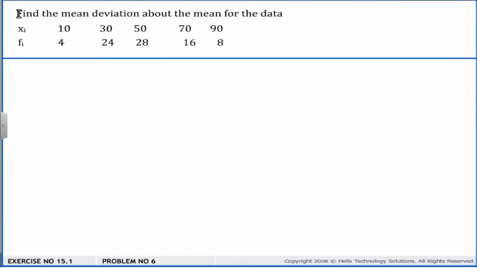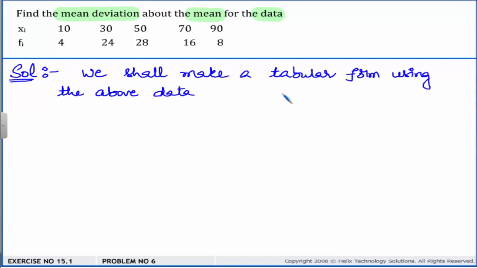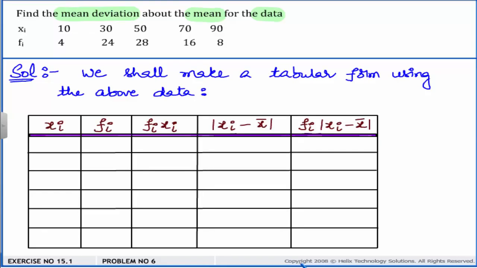In this problem, you need to find out the mean deviation about the mean for the following data. Let's see the solution of this problem, how we shall proceed with this. We shall now make a tabular form using the above data to find out the mean deviation about the mean. So this is the tabular form.